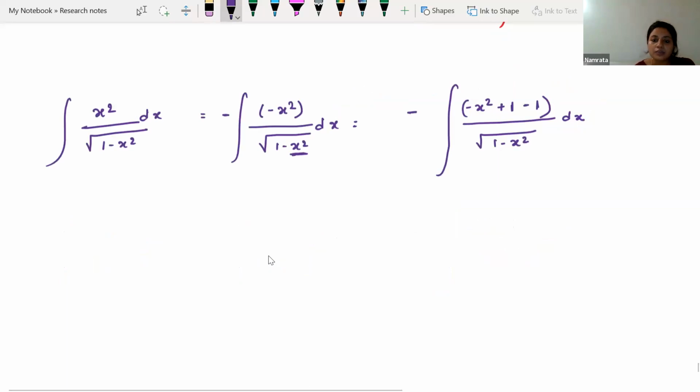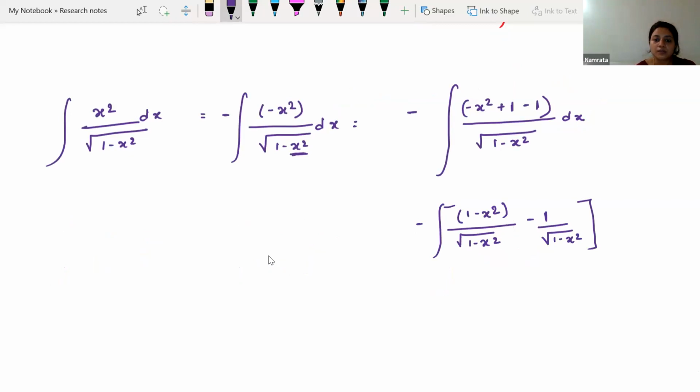So I want to write it as minus outside, 1 minus x square divided by under root 1 minus x square, and minus 1 by under root 1 minus x square, total together dx. Are you getting what I am doing here?